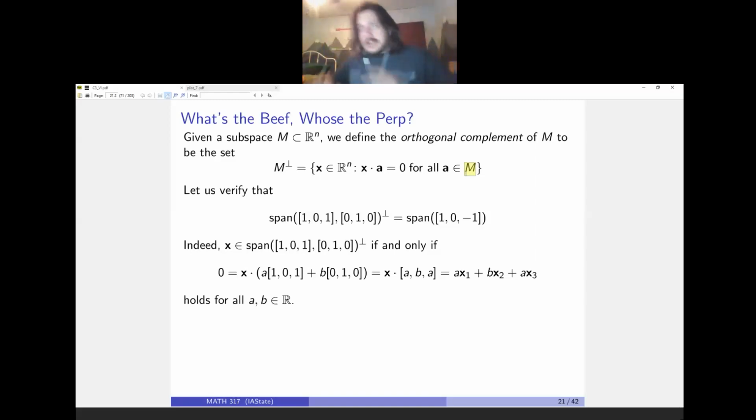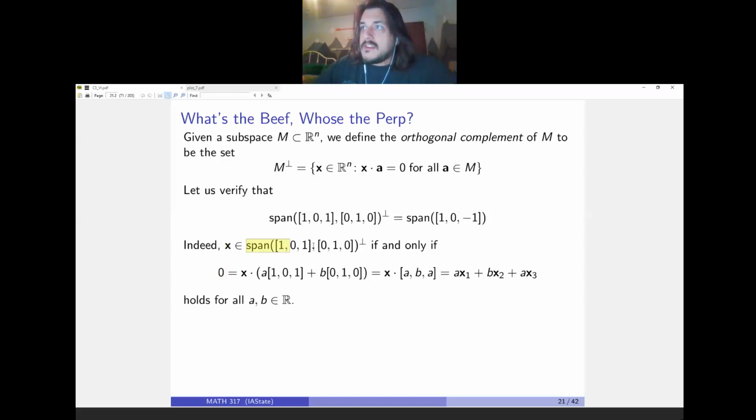So let's explicitly verify that the two subspaces we were just talking about, the orthogonal complement of M is indeed N. All right, so let X be in here. In order to be in the set, that means that this dotted with anything from the set needs to equal 0.